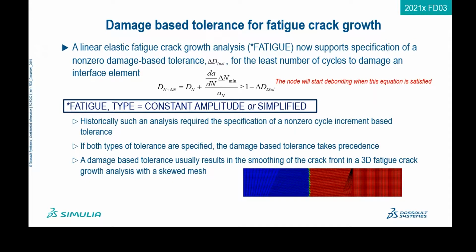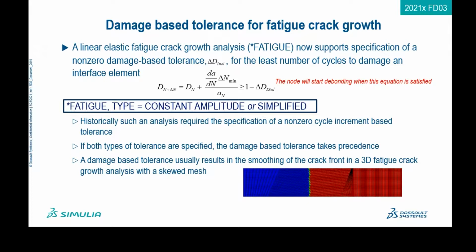For the damage-based tolerance for fatigue crack growth, the linear elastic fatigue crack growth analysis, or Star Fatigue, now supports specification of a non-zero damage-based tolerance for the least number of cycles to damage in interface elements.